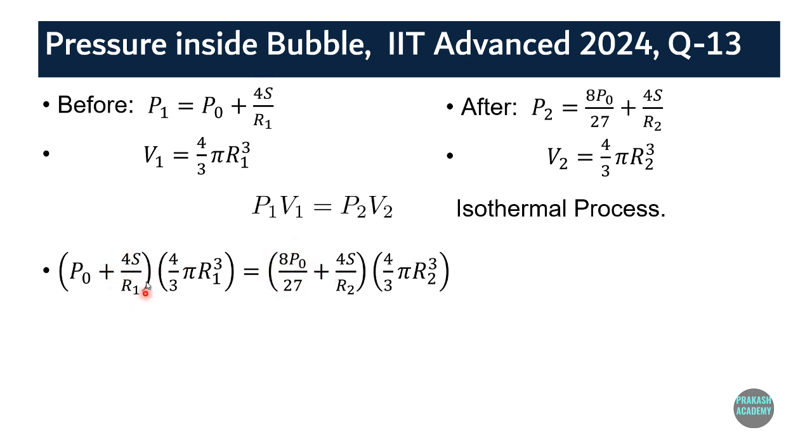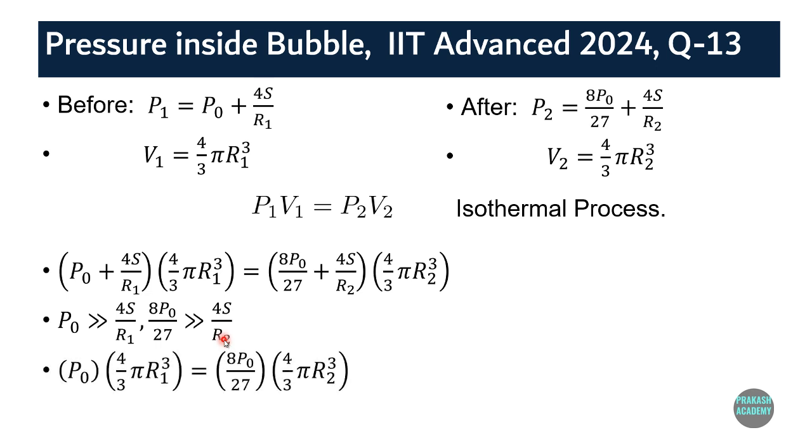Similarly here, this excess pressure is much smaller than this chamber pressure. So we can ignore this term and this term while adding. So we can say that P0 is much greater than 4S by R1, and 8 P0 by 27 is much greater than 4S by R2.